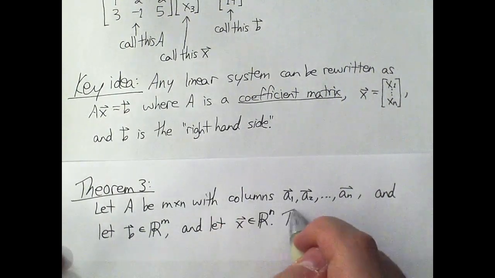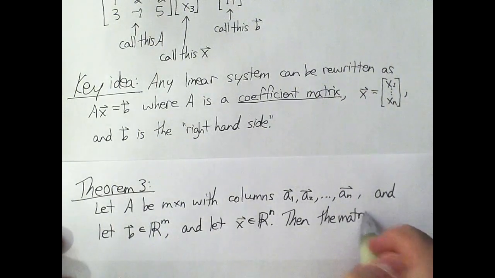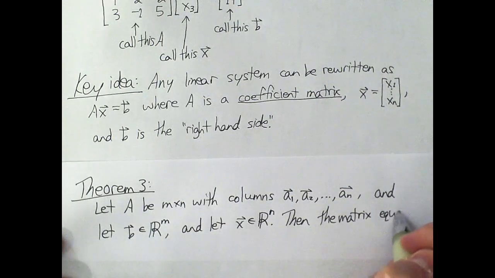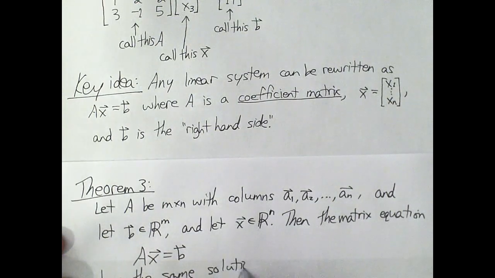Then, the matrix equation AX equals B has the same solution set as the vector equation.